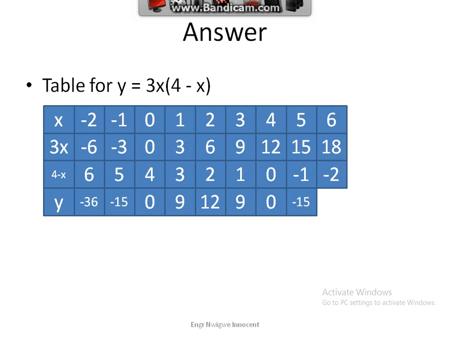The last column is 18 for 3x times 4 minus 6, which is -2, which will give us -36.